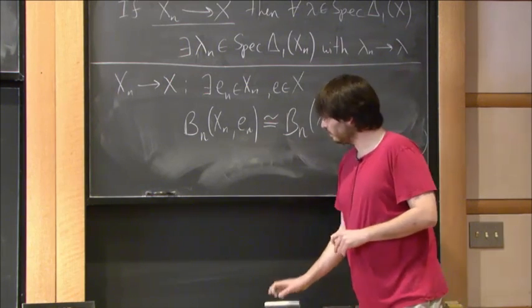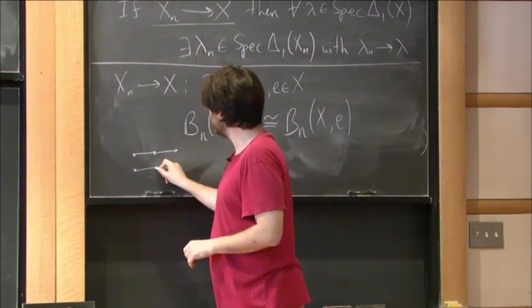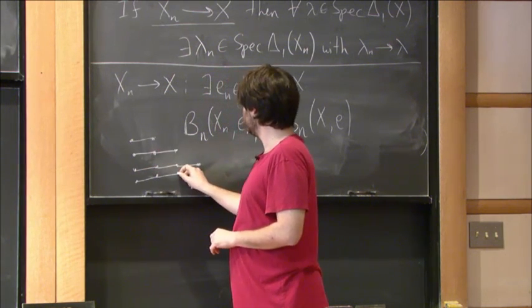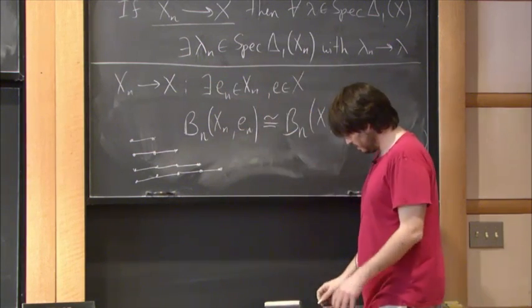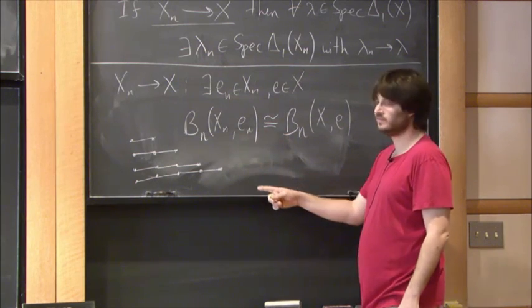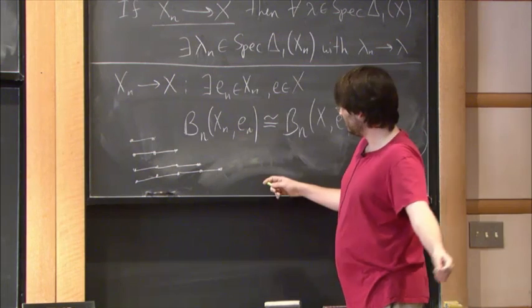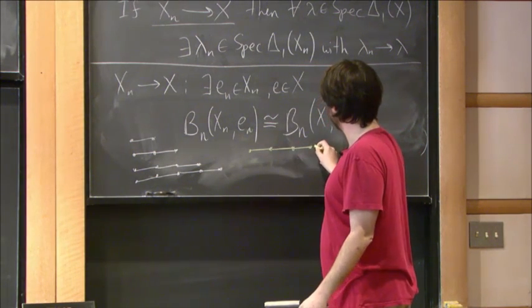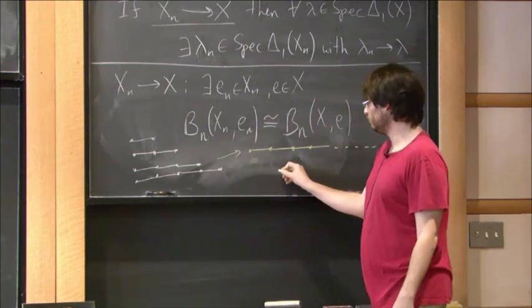Okay, so for example, let's look at this sequence. So this is a sequence of graphs, but you can do the same thing for complexes. And this sequence of graphs converges to what? The infinite line starting somewhere, but also the infinite double line.